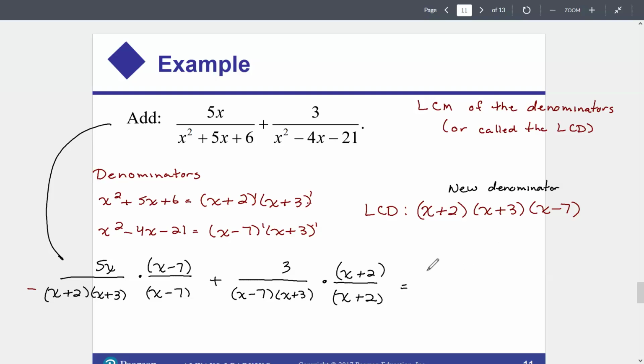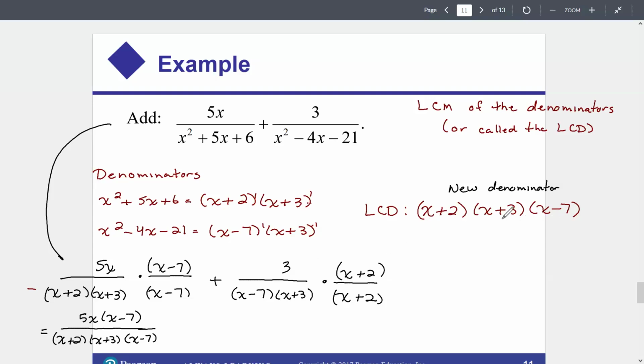So now I'm going to end up with 5x times x minus 7. Actually, maybe I'll write that below it, I'm not going to have enough room here. 5x, x minus 7, and now that's going to be divided by x plus 2, x plus 3, and x minus 7.